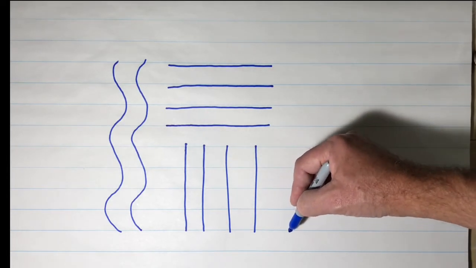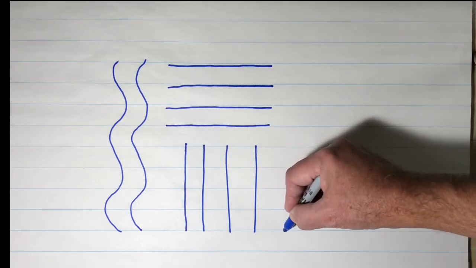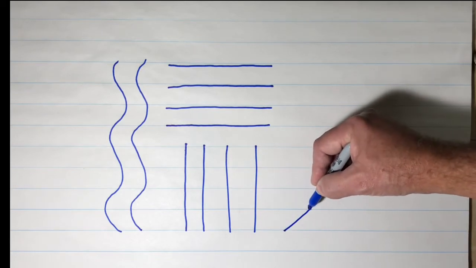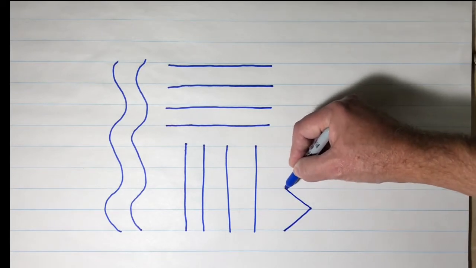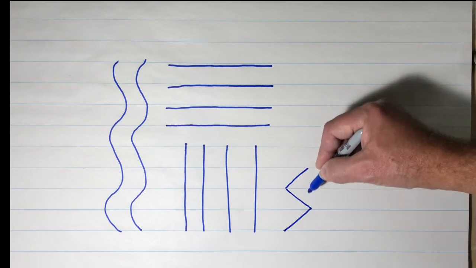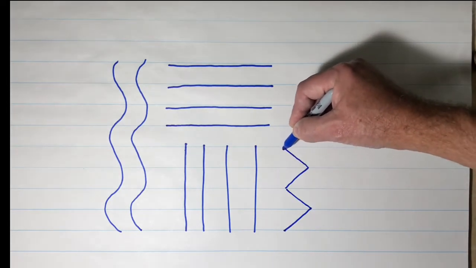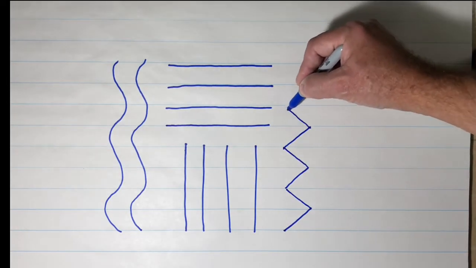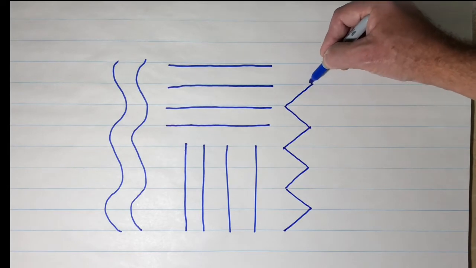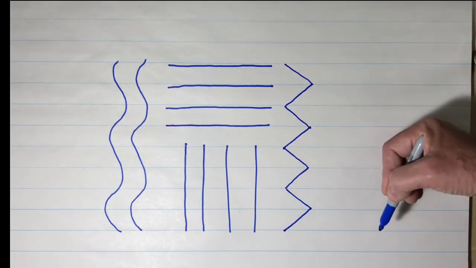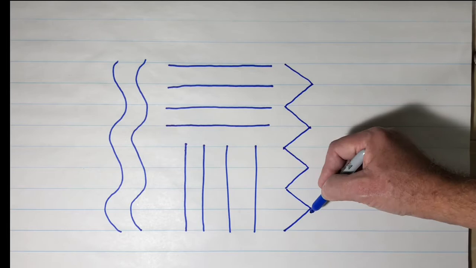On this end, I'm going to draw some zigzag lines. Now, zigzag lines have points. See the point? And I actually pick up my marker when I change directions so that the points are extra sharp.